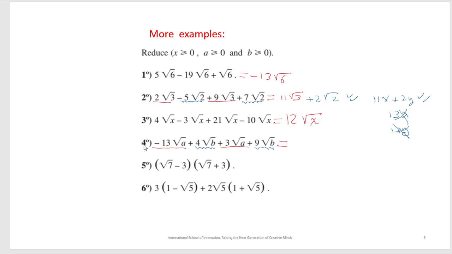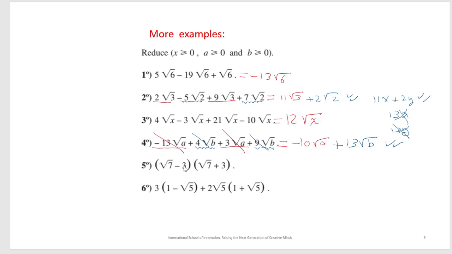I have here negative 13 radical A plus 3 radical A. It is negative 10 radical A. You may do it like this. They have finished, so you may cross them. 4 radical B plus 9 radical B, so it's 13 radical B, and it's done. Couldn't do anything else.